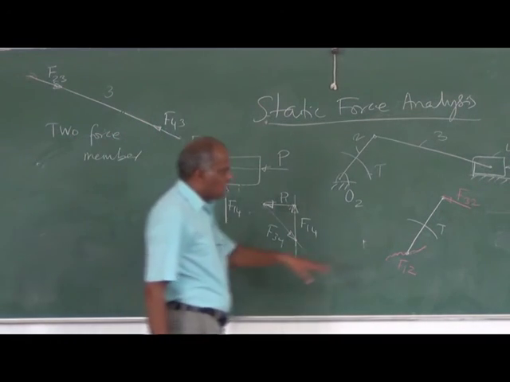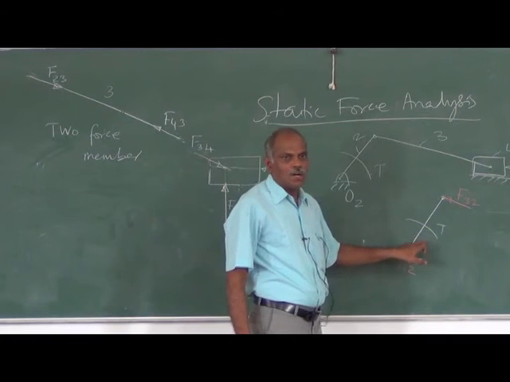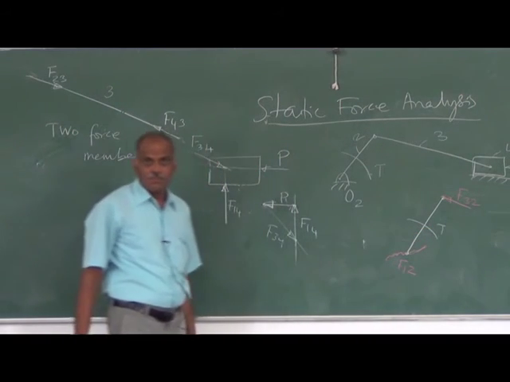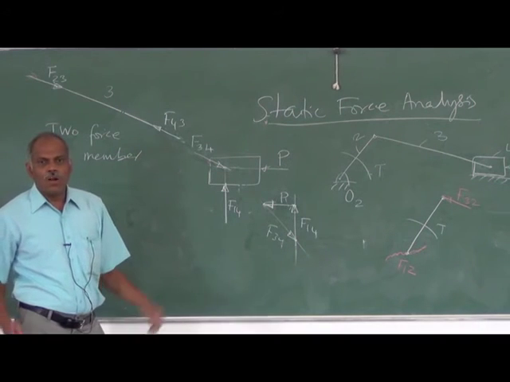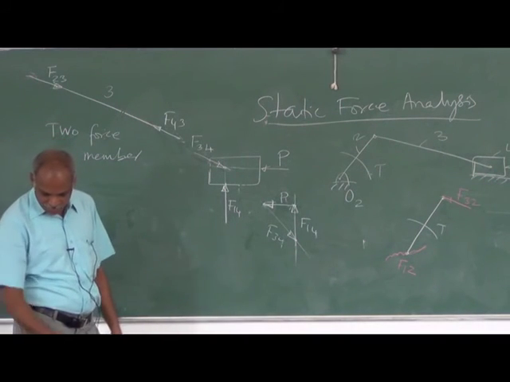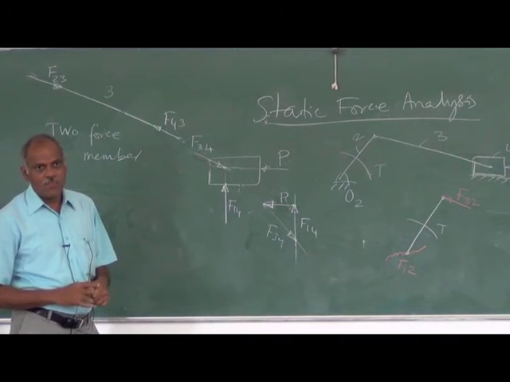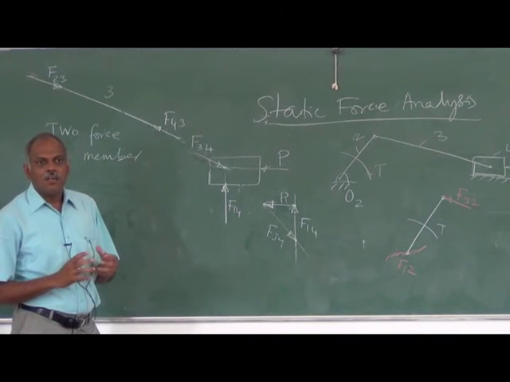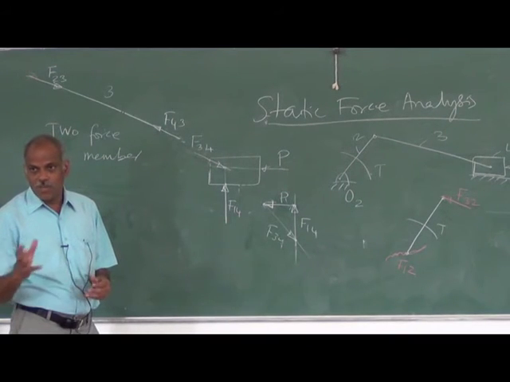Now you look at this particular body, there is a force and a torque. So you combine this force and the torque. I think you have to go back to the principles of torque or a moment.